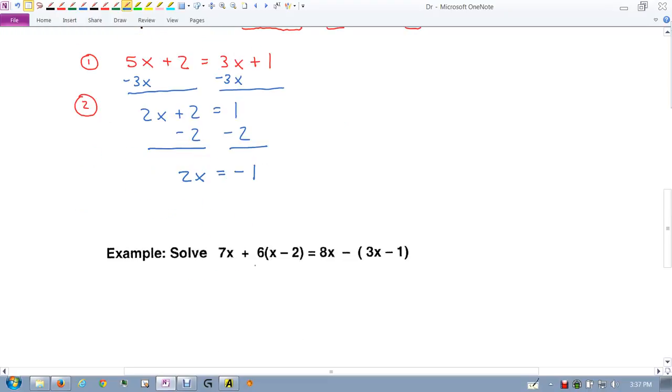I have isolated my x term. Step 3. Divide out the coefficient. The 2 over 2 becomes a 1, so that just leaves me with an x equals, what's the other side? Minus 1/2. And we'll just leave it as that.